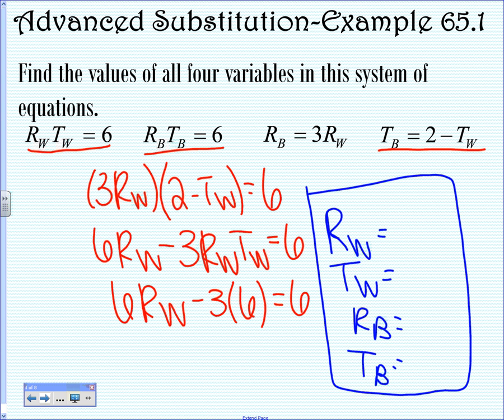So now we're down to one variable, right? Okay, so 6 RW minus 18 equals 6.